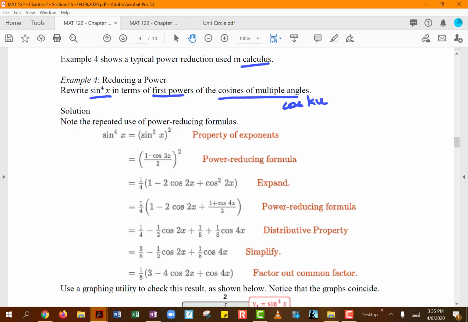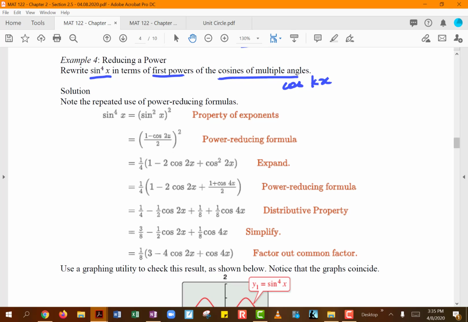Or in this case, cosine of k times x, since they're writing these in terms of x. So you can see we're actually taking our fourth power and breaking it down into the second power. So it's basically taking sine to the fourth power of x and rewriting it as sine squared of x, raised to the second power. So that's what they're doing here.